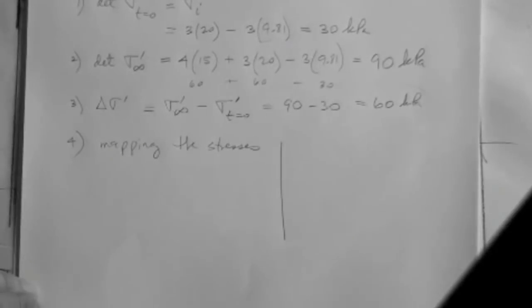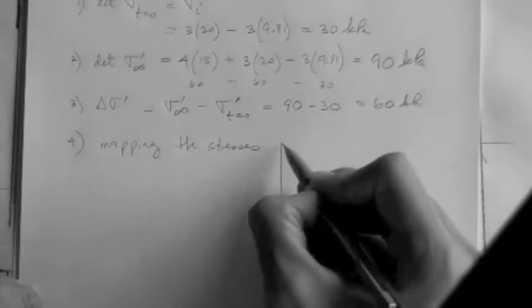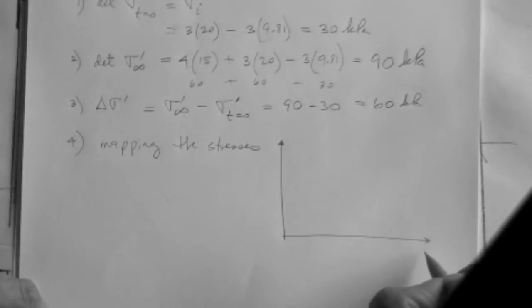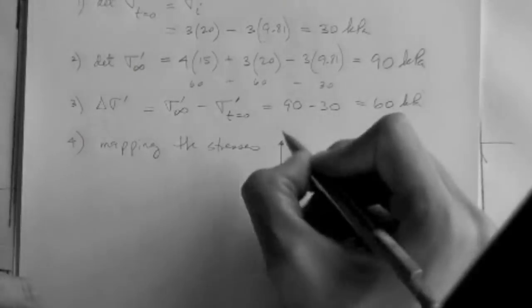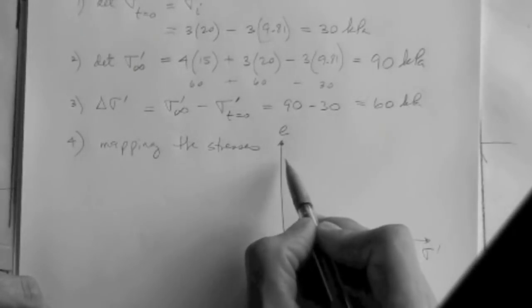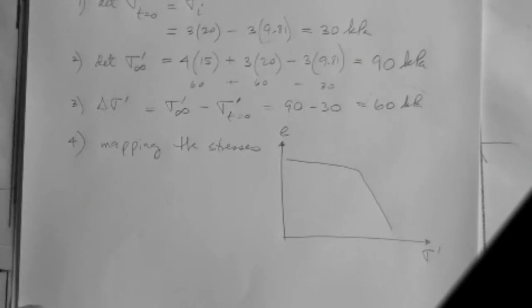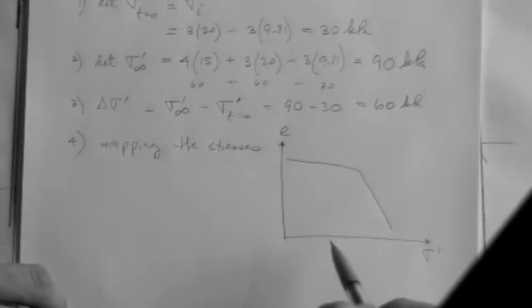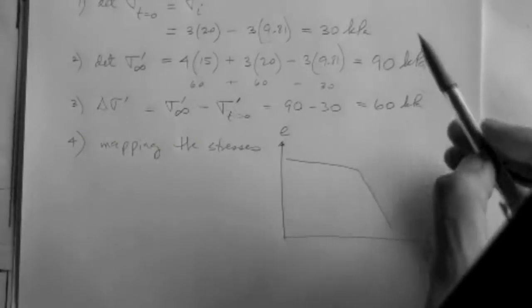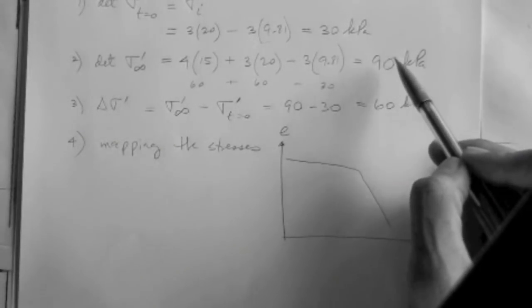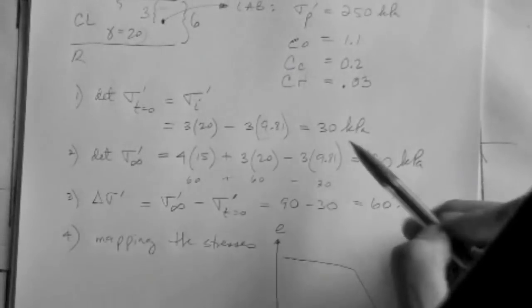We're going to draw a plot here, with sigma prime and e, and draw a generic consolidation curve like that. And we're going to map the stresses that we just calculated on it: 30 and 90, initial and final.